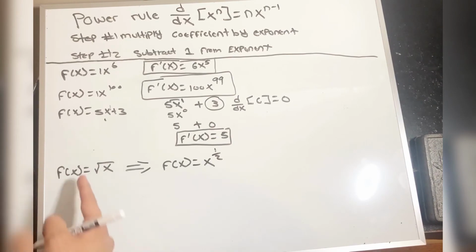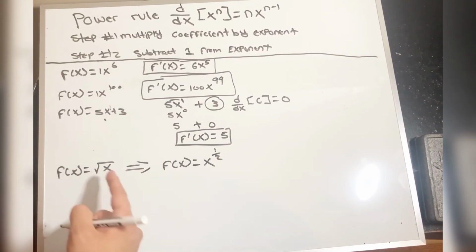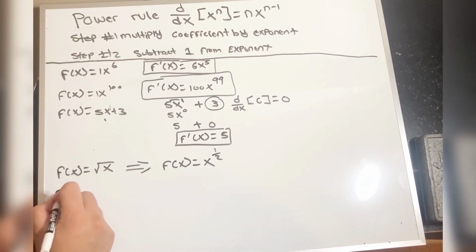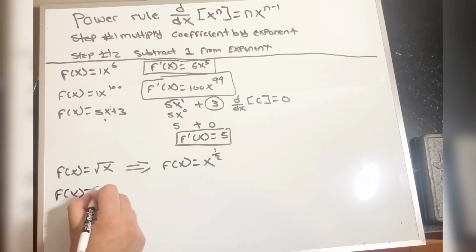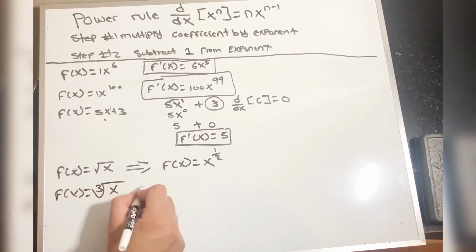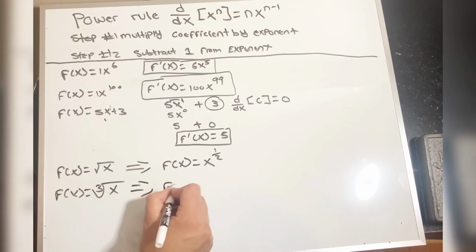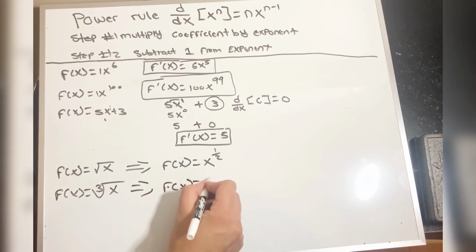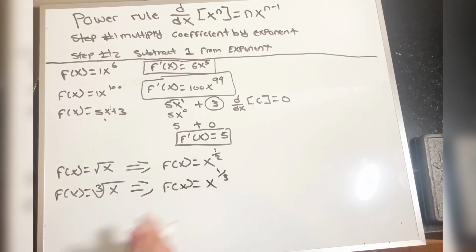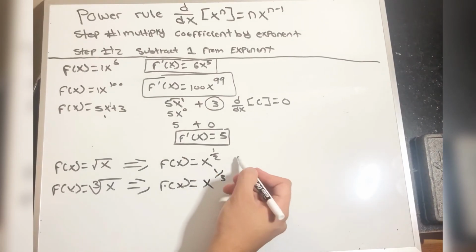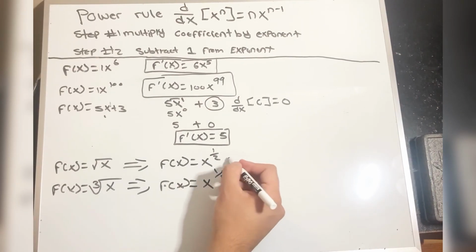The same thing would be if I gave you f of x equal to the cube root of x, and that will become x to the 1/3. Now let's do both actually.